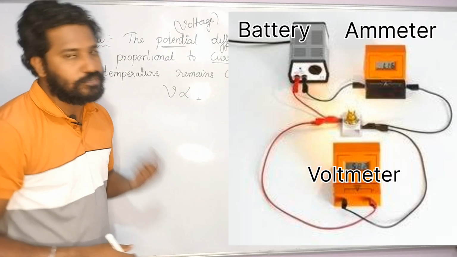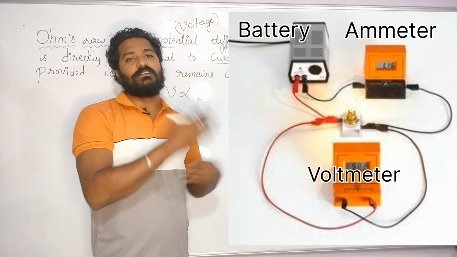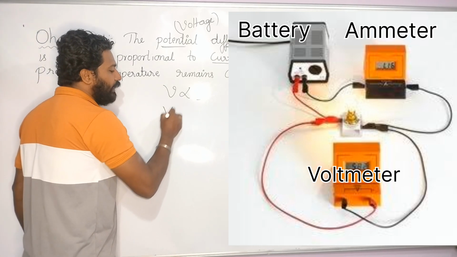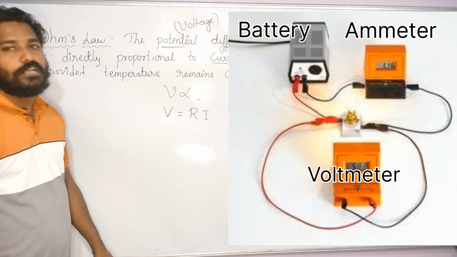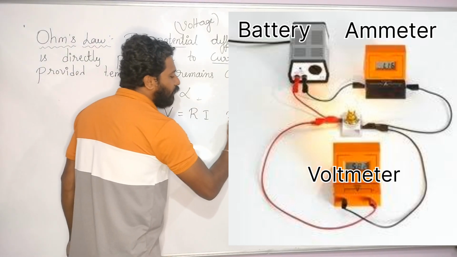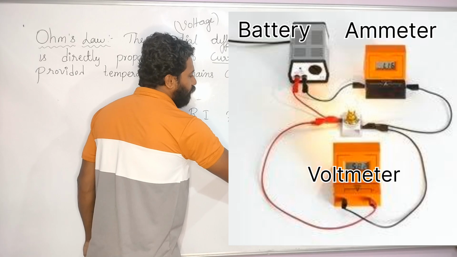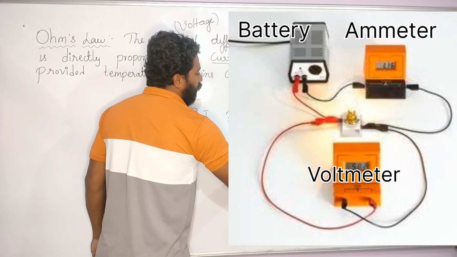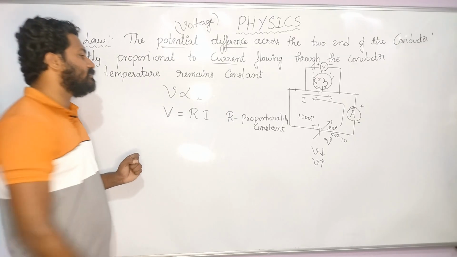Voltage is directly proportional to the current, so I can say it is directly dependent. It is about 90% equal. To make it 100% equal, I am going to add a proportionality constant called R. R is called the proportionality constant, and it is always constant.